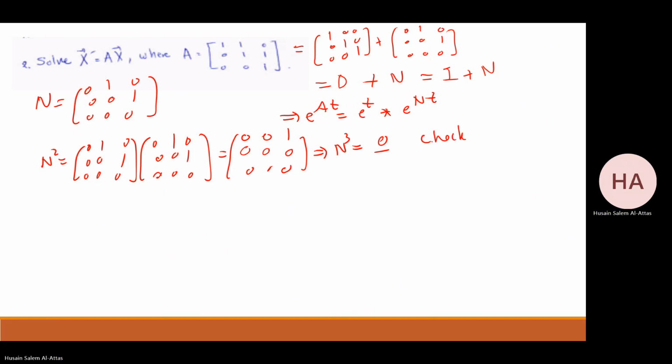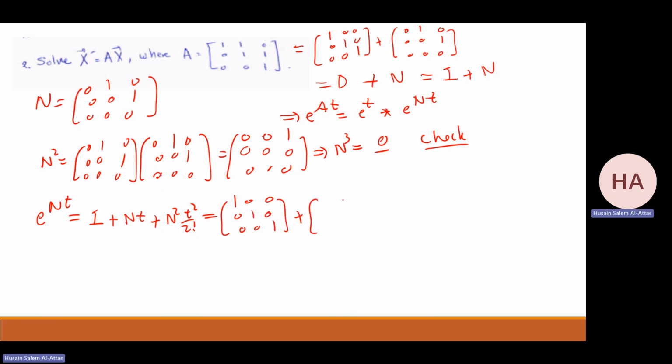Then e to the power Nt will be I plus Nt plus N squared t squared over 2 factorial. That is the identity plus N, which is 0 1 0 0 0 1 0 0 0, times t, plus N squared, which is 0 0 1 0 0 0 0 0 0, times t squared over 2. Don't forget that.